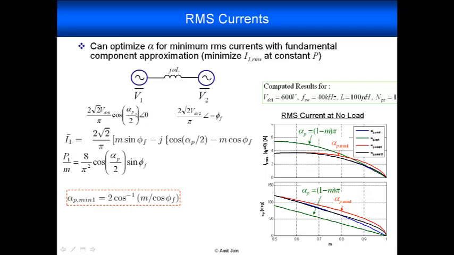You can look at this problem similar to the case of the 2-bus system, where you're trying to minimize RMS current in the line for a given power transfer level. So we can write down the equation for the fundamental component of the current, and then minimize the RMS value of this for a given power transfer level.